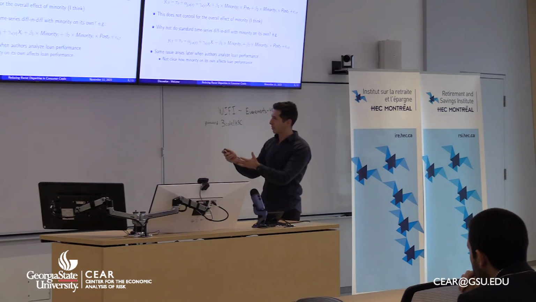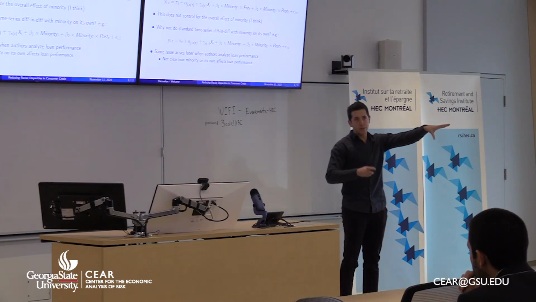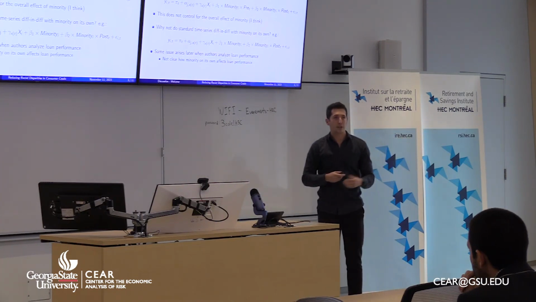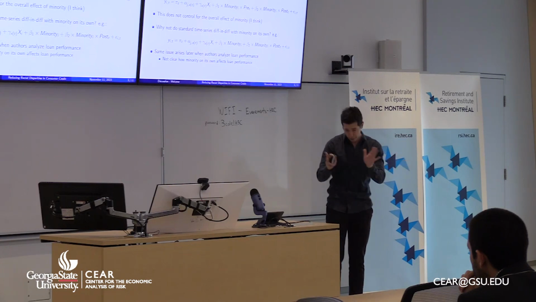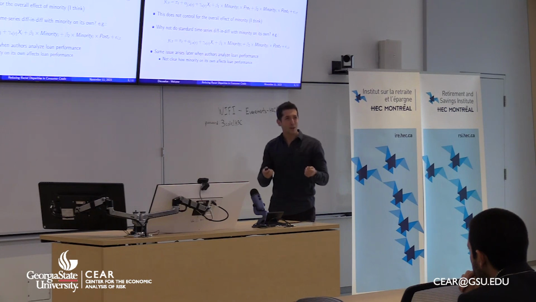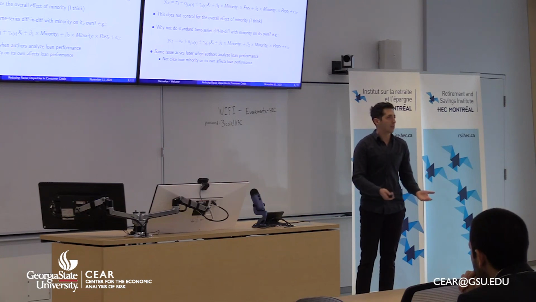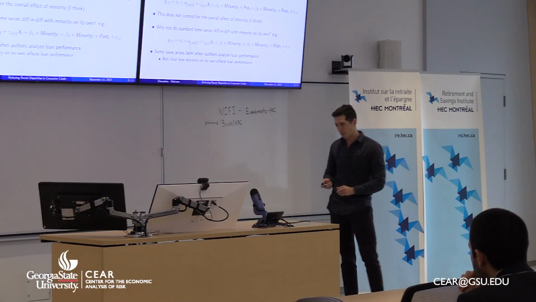I was surprised that it wasn't just a standard time series diff-in-diff where you control for minority on its own and then also have an additional interaction term with minority times post. I could be missing something here. And I think this issue arises later when the authors analyze loan performance because it's not clear how just being a minority on its own is affecting this loan performance. That's a minor quibble.